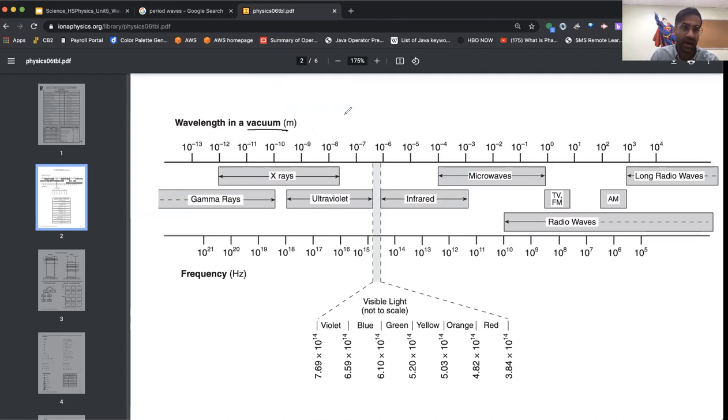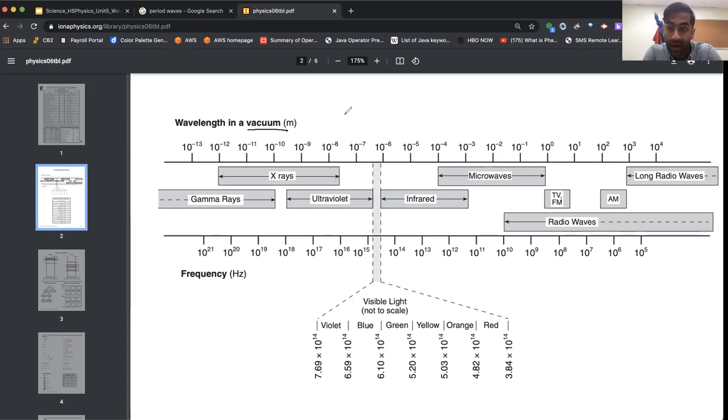We see at the very small end, we have gamma rays, and at the very large end, we have different types of radio waves, all right? You may have heard before about radio waves bouncing off of things, bouncing off buildings, and the connection being difficult to maintain. That is in part because they have such a broad wavelength.